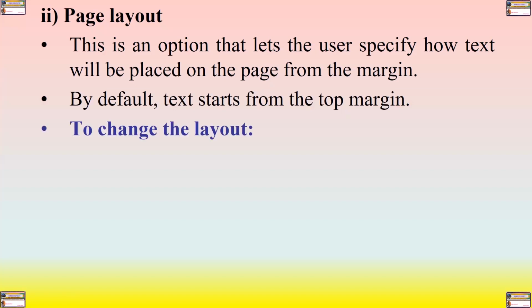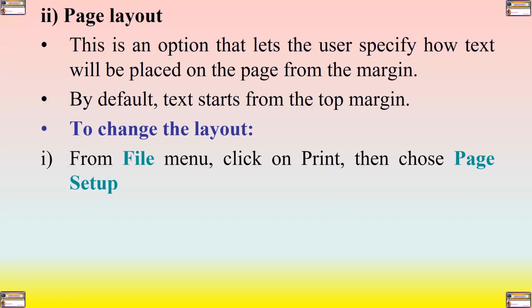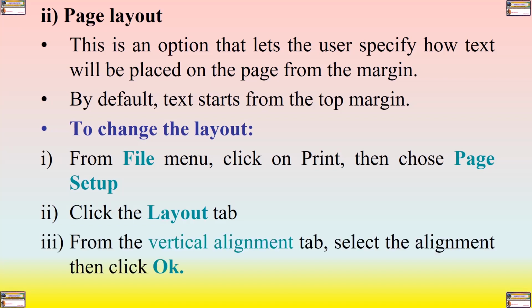To change the layout, from File menu, you click on Print. Then you choose Page Setup. Then you click the Layout tab. From the Vertical Alignment tab, you select the alignment that you want. Then you click OK.